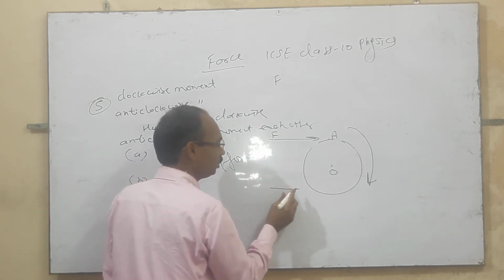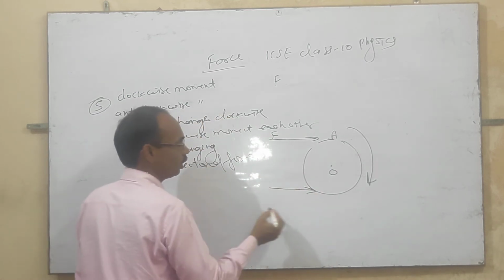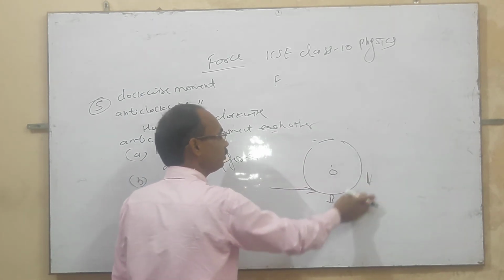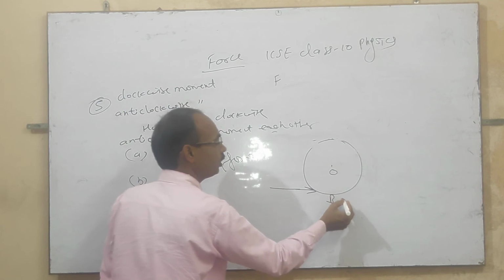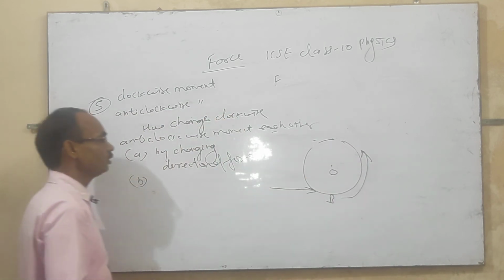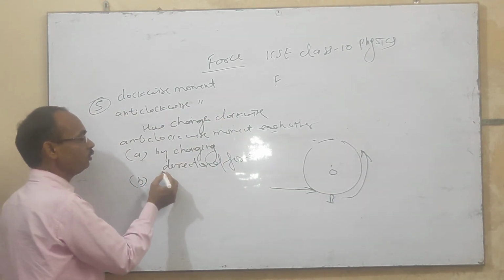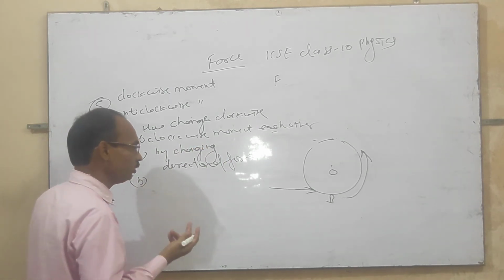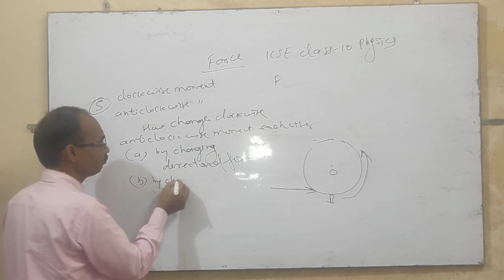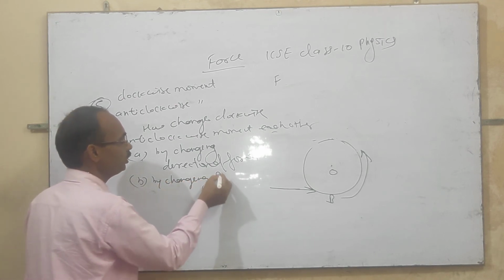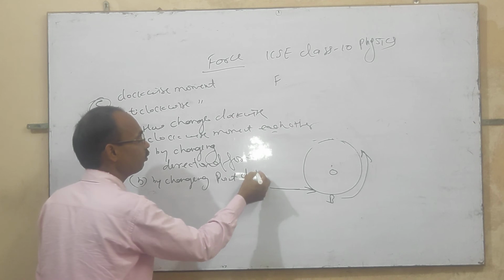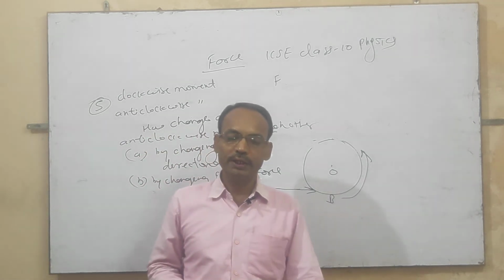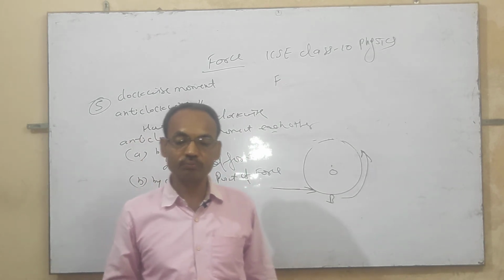And if the force is applied in this direction at this point B, then the body will move anti-clockwise. So the first point is changing the direction of force, and the second is changing the point of application of force, by which you can change clockwise into anti-clockwise motion.